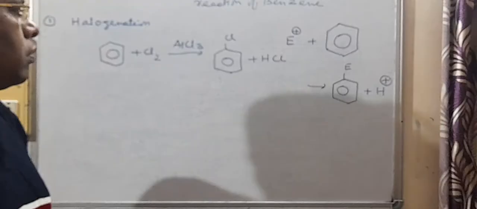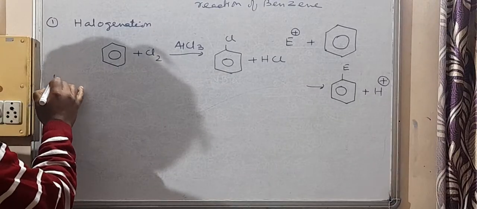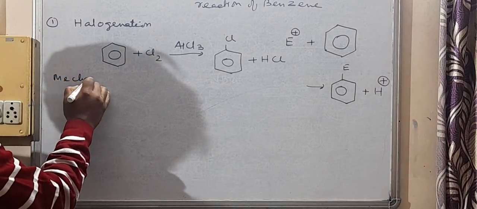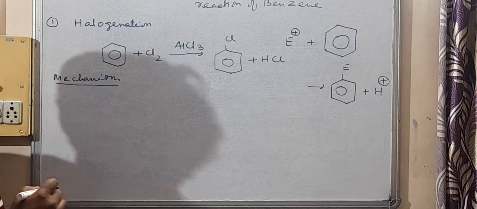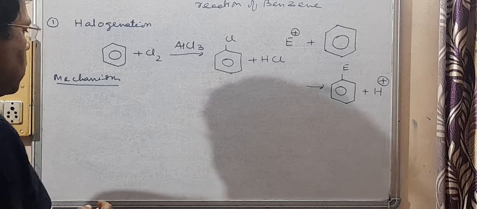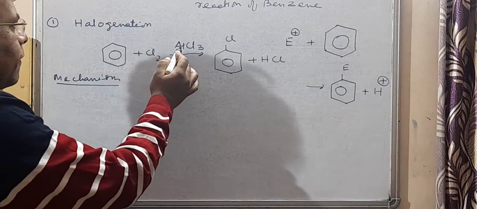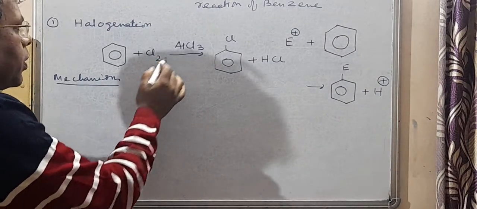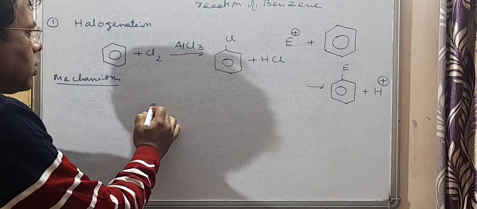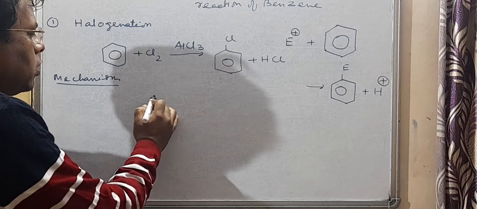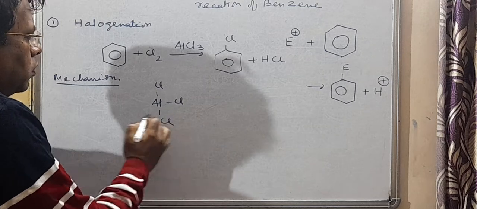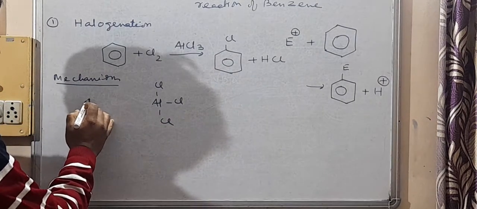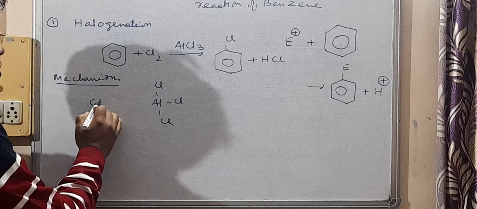How is this happening? Okay, so now you see this AlCl3, which is acting as a catalyst. You can write it like this: Al, and a chlorine molecule.